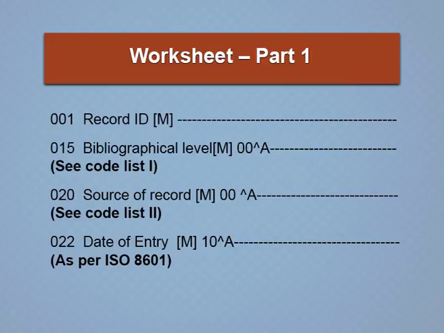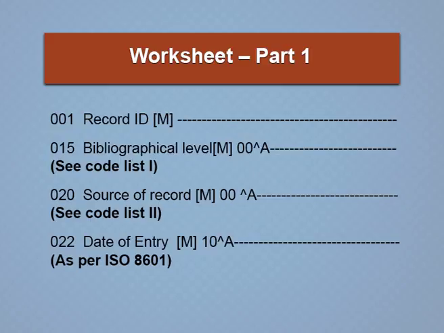Similarly, 022 is the date of entry. Here the requirement is that there are two subfield character indicator positions. The indicator character position value is 1 if you are following a standard date format, and according to the CCF manual the date format should be based on ISO 8601. It means you need to enter the date in YYYYMMDD format.